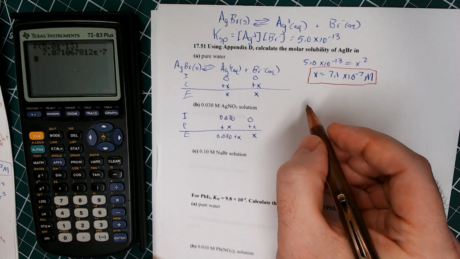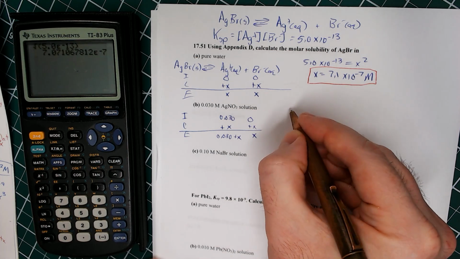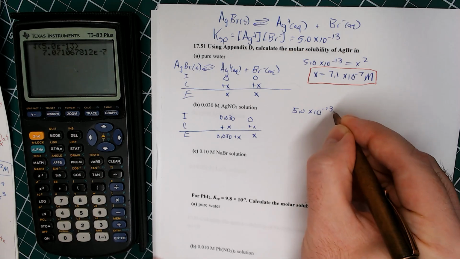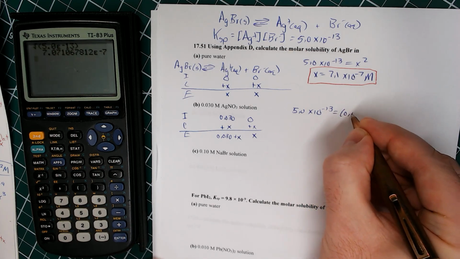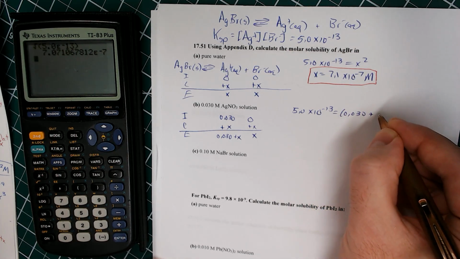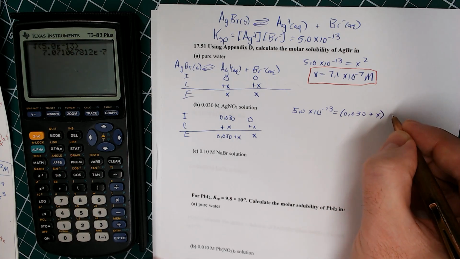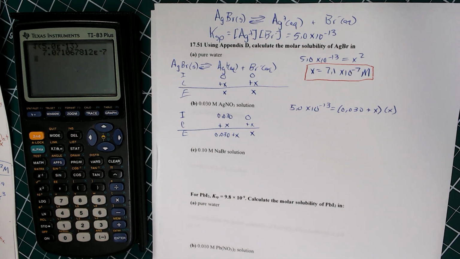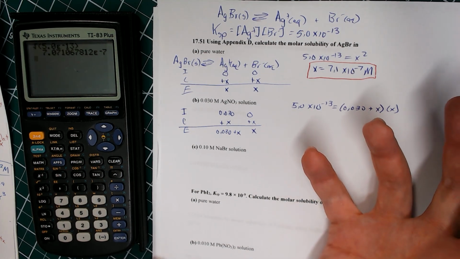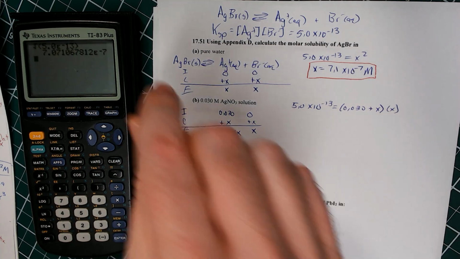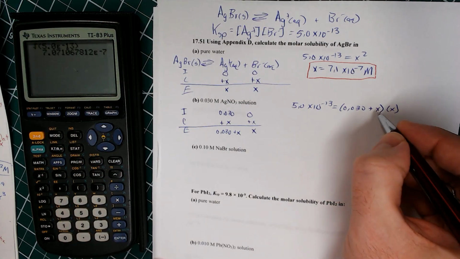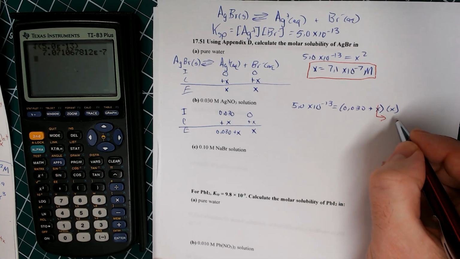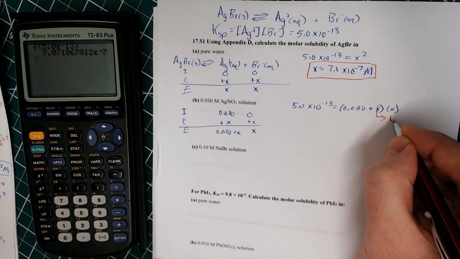So now we'll put this into the expression, and that will be 5.0 times 10 to the negative 13 is equal to 0.030 plus x times x. Now, of course, we could multiply that out, get a quadratic equation, use the quadratic formula, solve for x, and spend an extra 5 minutes doing this, but our simple choice is simply to neglect x.